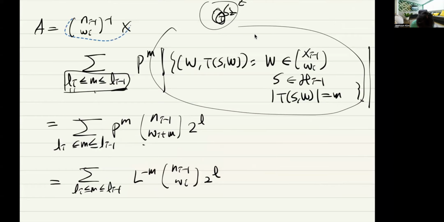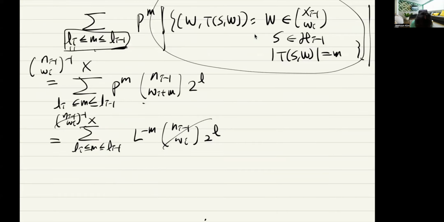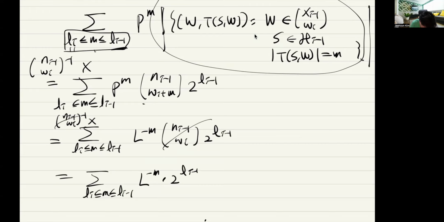And this multiplication is everywhere, so that cancels this out. So this is at most this.